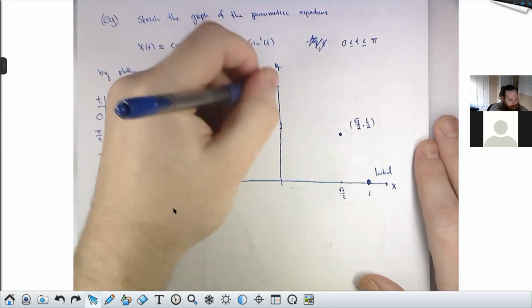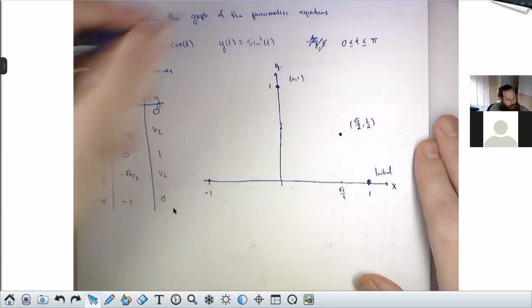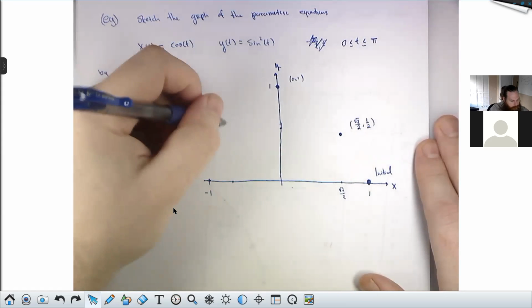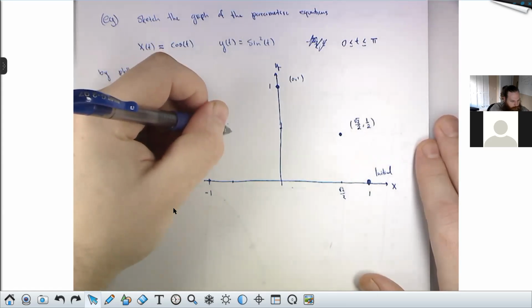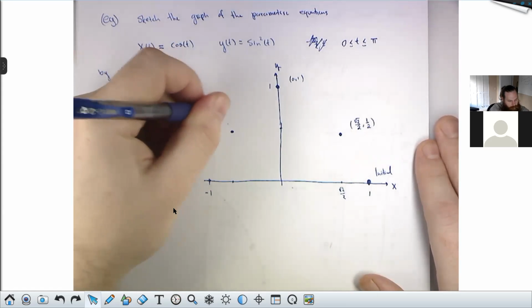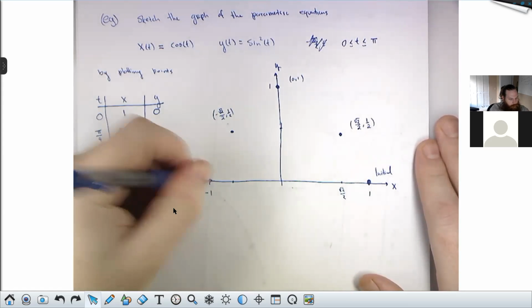And then we're all the way up here to 0, 1. And then we go to negative root 2 over 2, 1/2. I'll do my best to draw symmetric. And then we're back here to negative 1, 0.